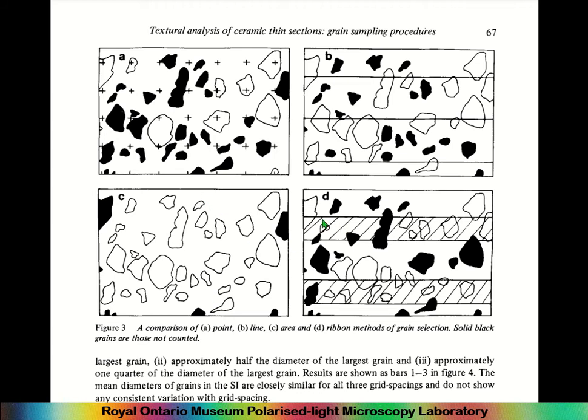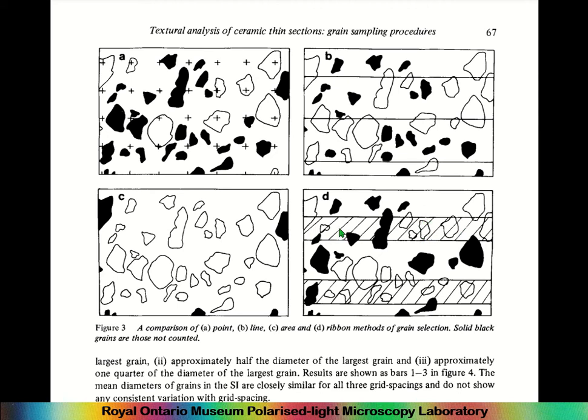They also did a ribbon count. So that's going across with a ribbon-shaped sample, and anything above the line is counted. You know, starting within the ribbon, but going above the ribbon is counted, but anything that goes below the ribbon is not counted. So it has to be either entirely in or going off to one side.